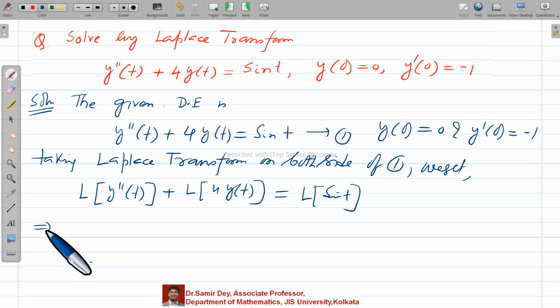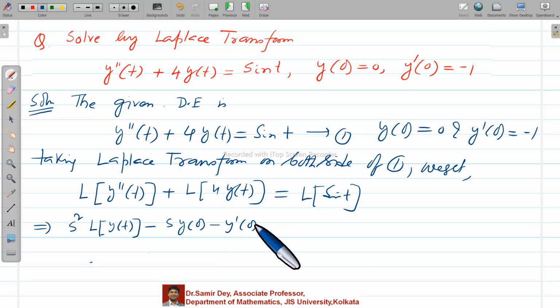Already you know the formula, already discussed, that is s square L of y(t) minus s y(0) minus y'(0). So from here it is clear, up to this level, this is coming for this term only.